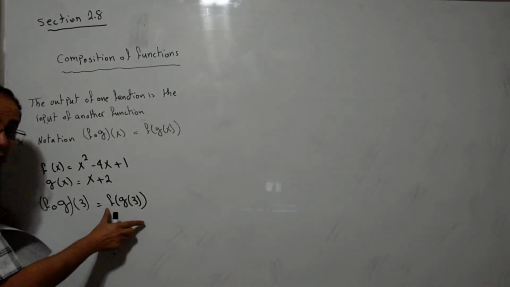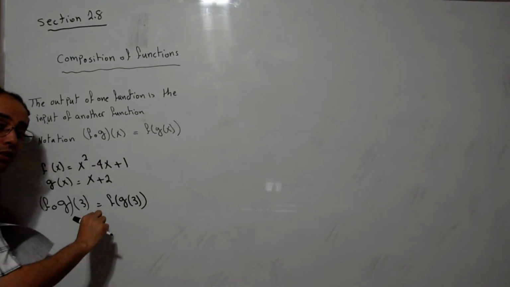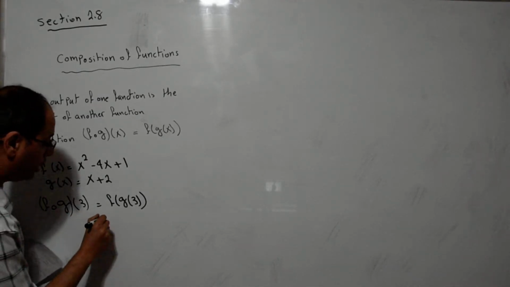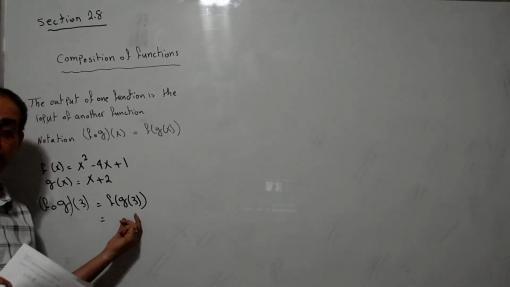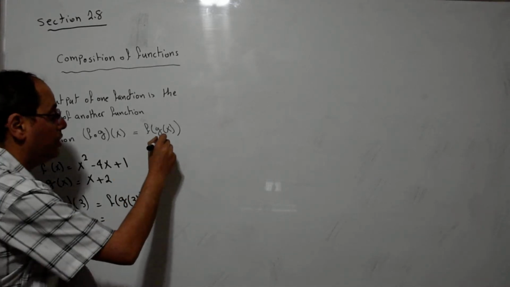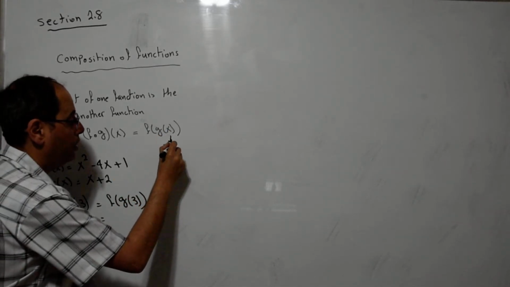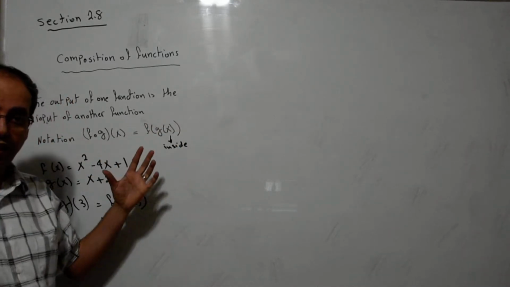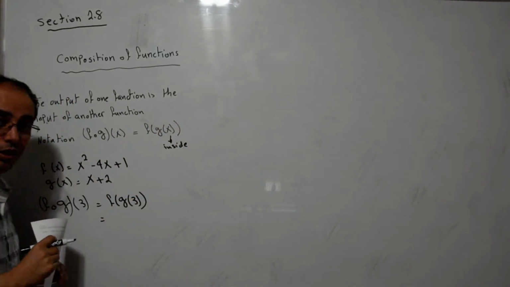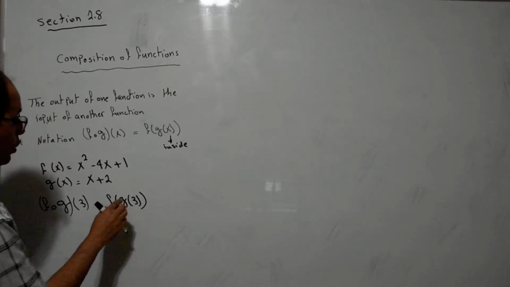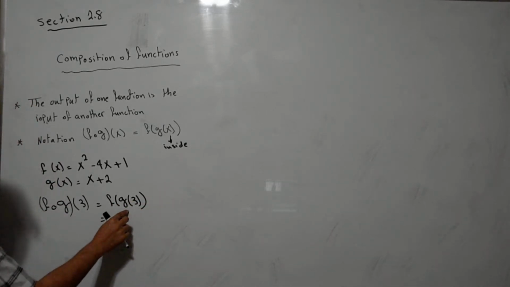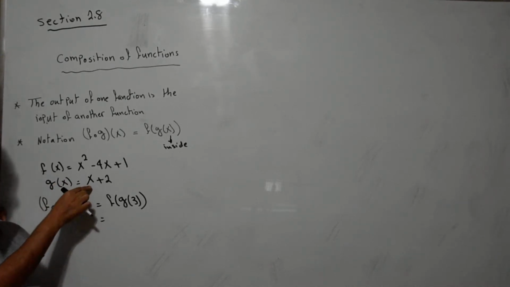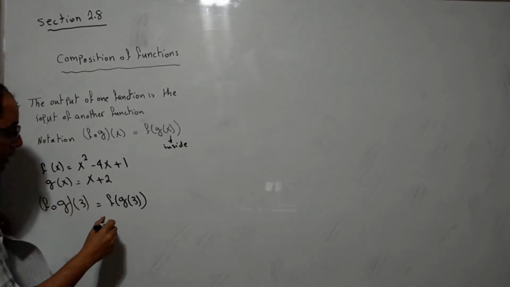F is the outer function, g is the inner function, and now I plug in x equals 3. So I start from the inside first, and then the outside: cutting the potatoes and then frying the potatoes. So what is g of 3? I plug 3 in, so I have 3 plus 2 is 5.